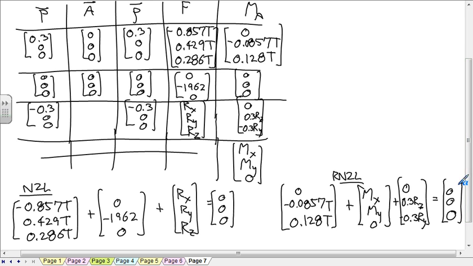Okay, so now what we have is in 2D problems, for a rigid body problem, we always have 3 equations and we need to have 3 unknowns. Here we have 6 equations and the variables are 1, 2, 3, 4, 5, 6. Okay, so we have 6 equations for 6 variables. If you write out the table, write out the matrix and solve that, you can solve it.